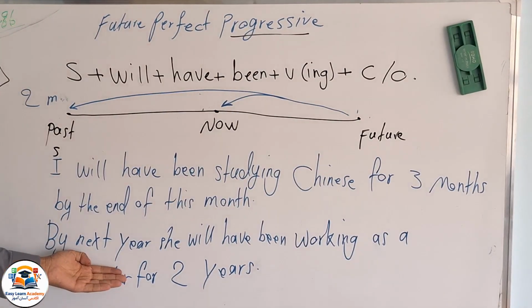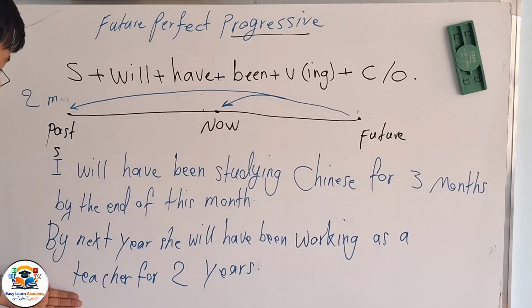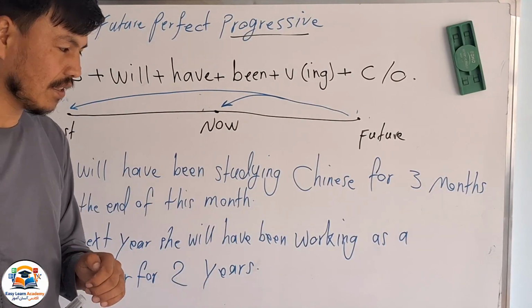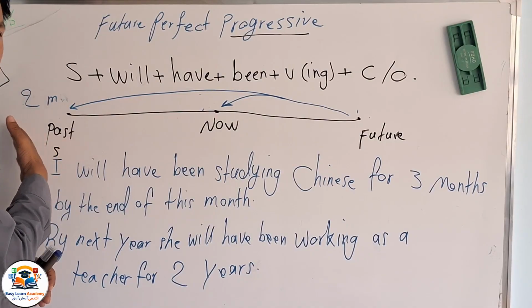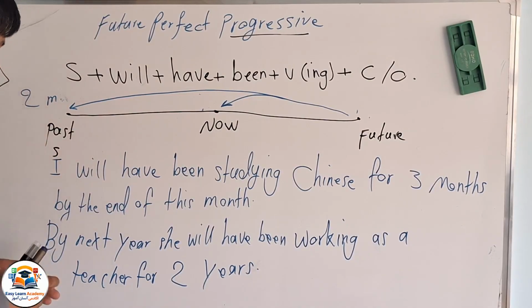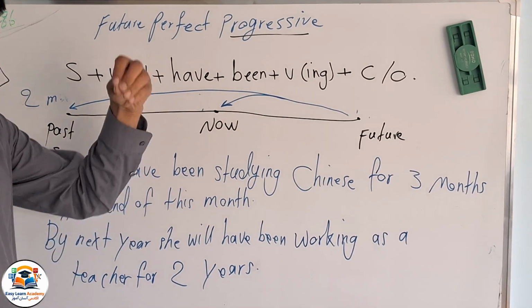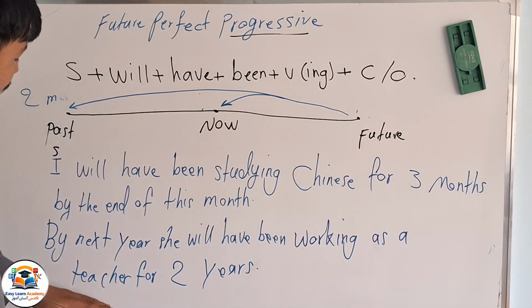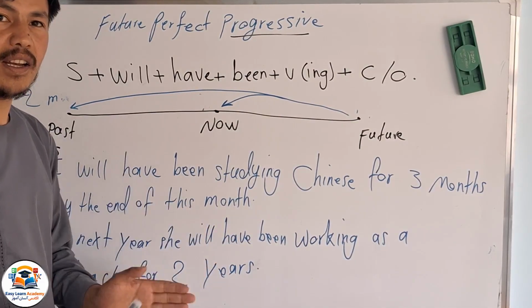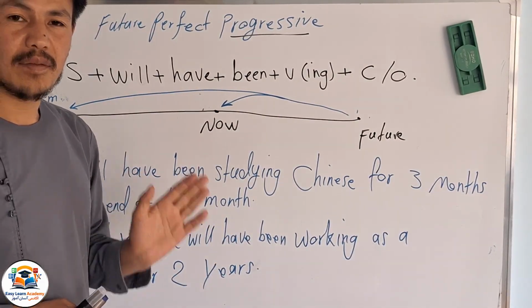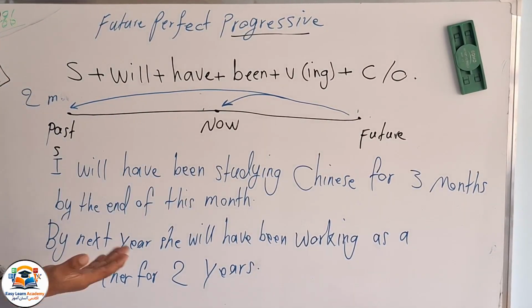By next year, she will have been working as a teacher for 2 years. So it means she started 1 year ago. Okay, so when this year completes, next year will come. So by the coming of next year, she will complete 2 years of working as a teacher.